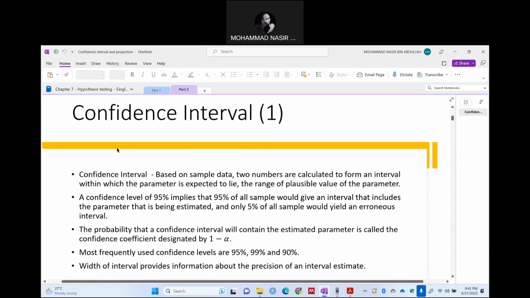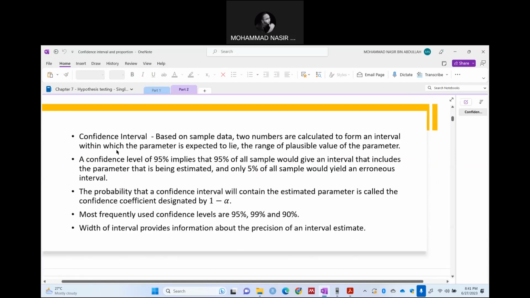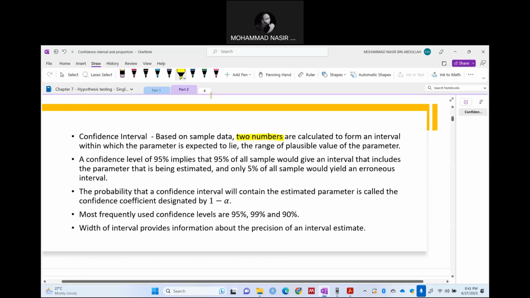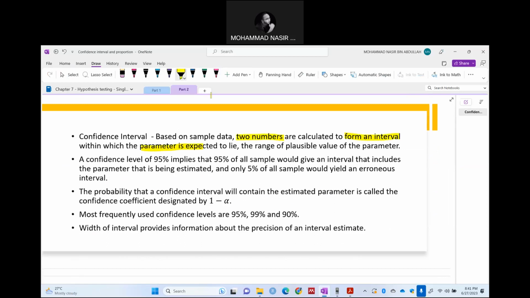Right. So now, confidence interval: based on sample data, two numbers are calculated to form an interval within which the parameter is expected to lie. Previously we already calculated the estimation of the sampling distribution. We got the value of X bar, the mean, variance, and standard deviation.